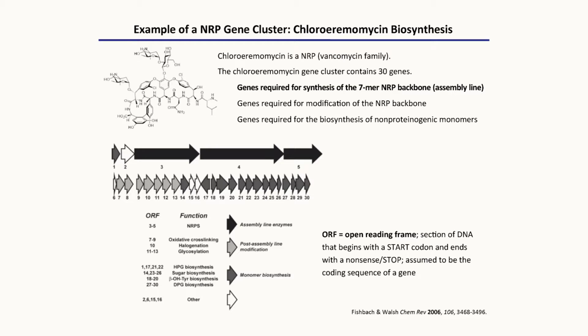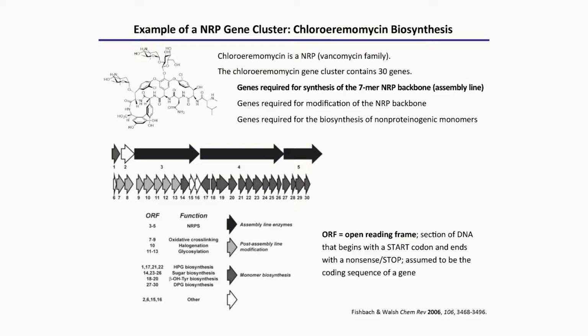This gene cluster for the biosynthesis of this metabolite contains 30 different genes. Each arrow indicates an open reading frame. Each one begins with a start and ends with a stop codon, and it's assumed to be the coding sequence of a gene.